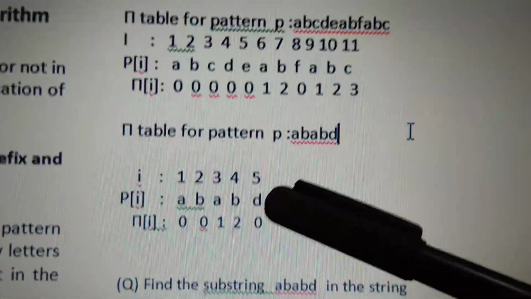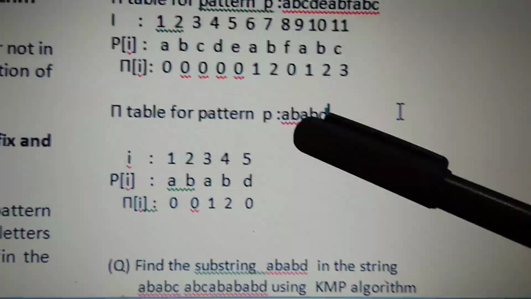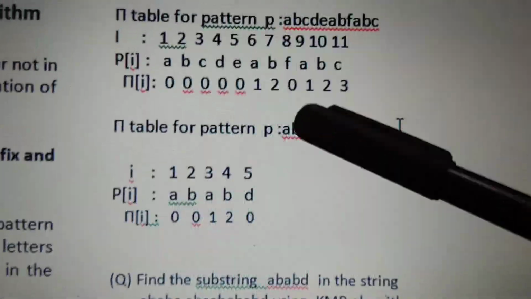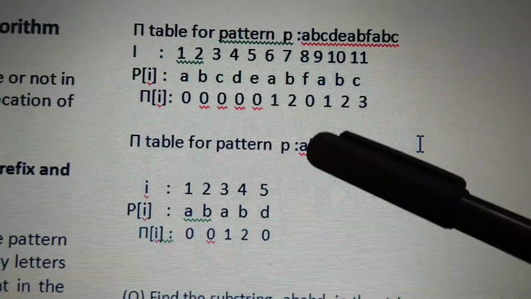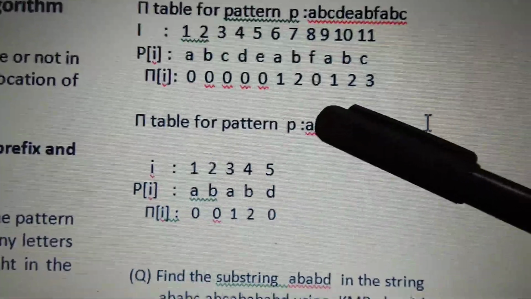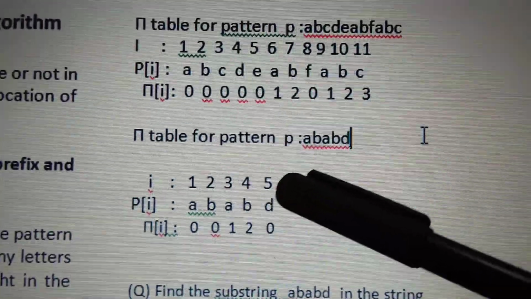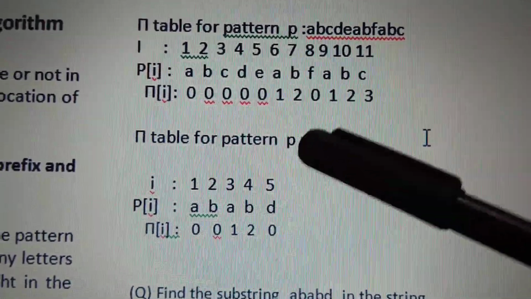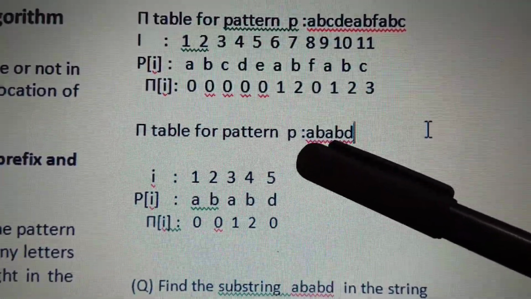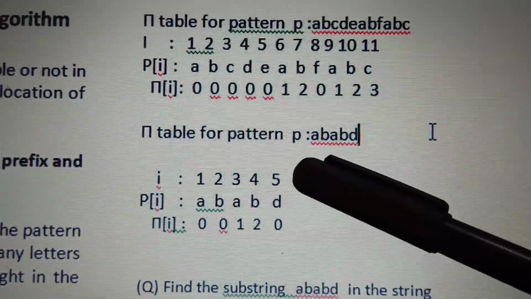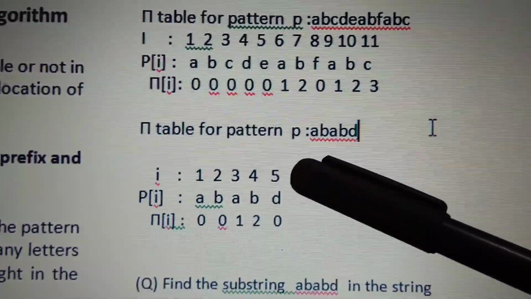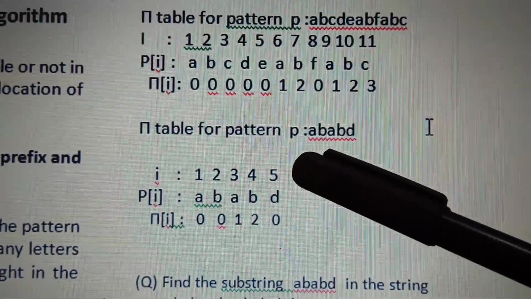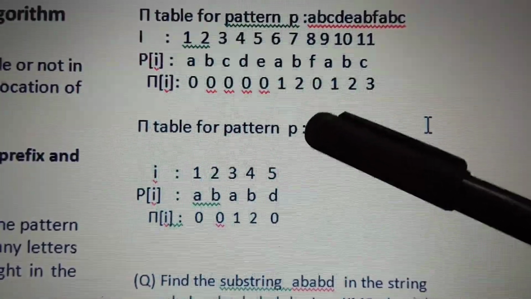Now up to now, in this particular KMP algorithm we have to know what is suffix and prefix. After knowing the suffix and prefix, we have to generate a pi table. So for the given pattern we have to generate the pi table. Once you generate the pi table, using the pi table we have to make the comparison with the text information to verify whether the pattern is available or not.